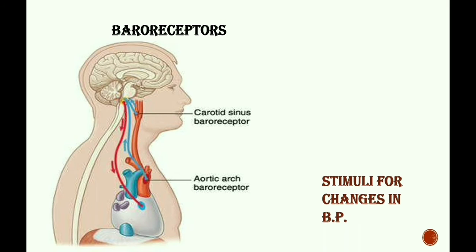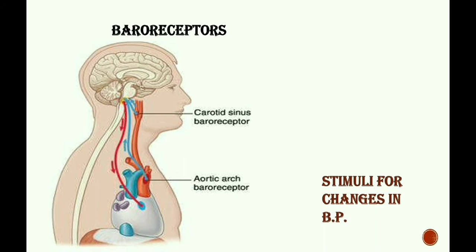And last one is baroreceptors. Actually, we can also consider it as mechanoreceptor because it receives signal from internal organ, but we call it baroreceptors. And the location is that it is present in walls of atria, vena cava, aortic arch, carotid sinus.